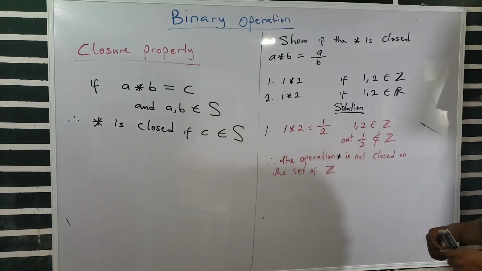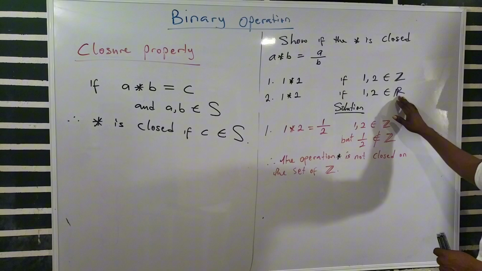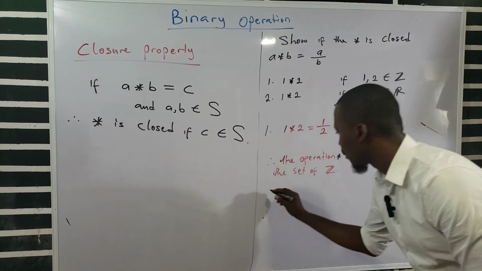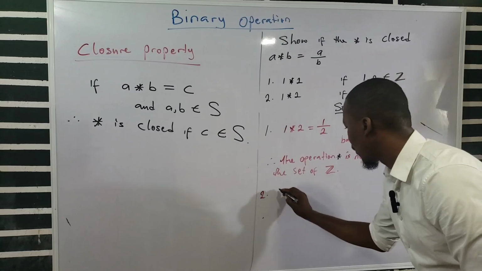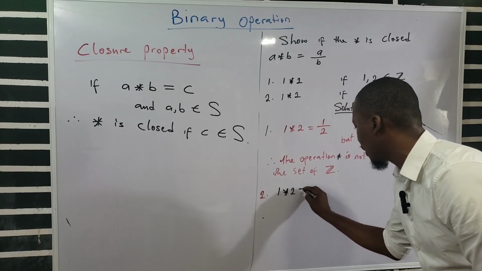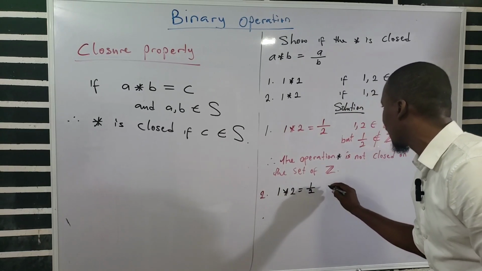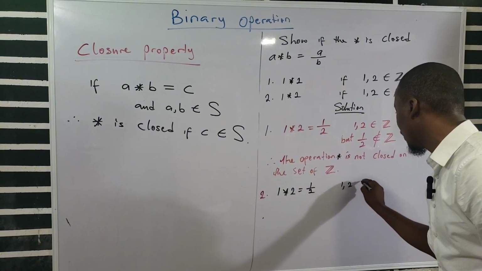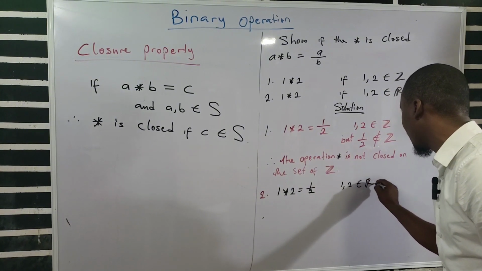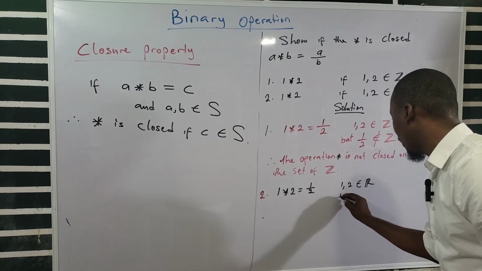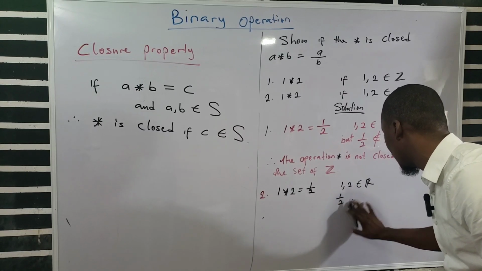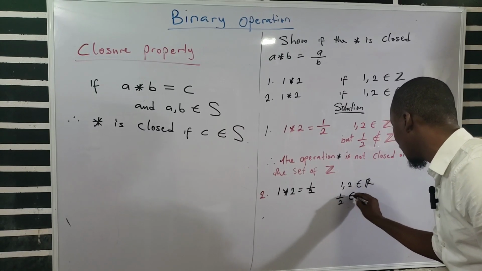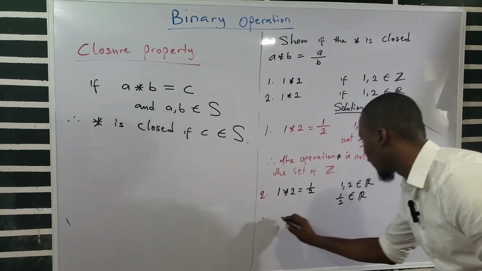Okay, so let us look at number 2 and see if it will be closed under the set of real numbers. So number 2 now, we have 1 binary 2 equals 1 over 2. 1 and 2 are elements of the real numbers, and 1 over 2 is also a real number.